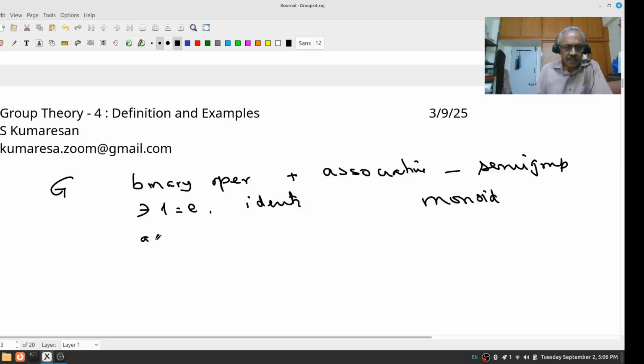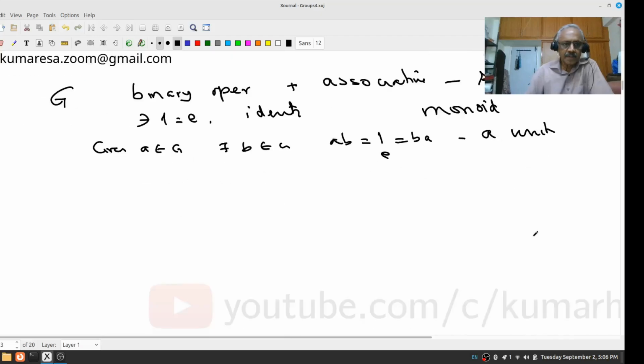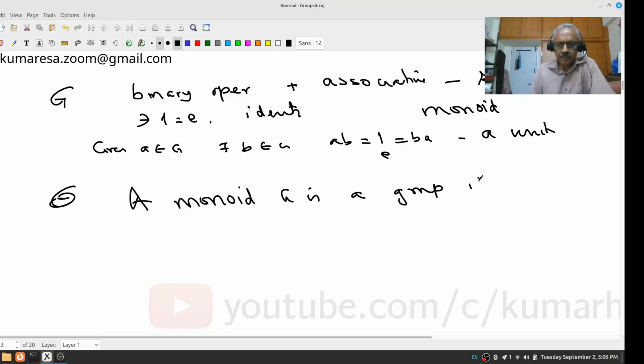And if for A in G there is a B in G such that AB equals 1 equals BA, which is also E, then we call A invertible or a unit. Therefore, a monoid is a group if every element is a unit.